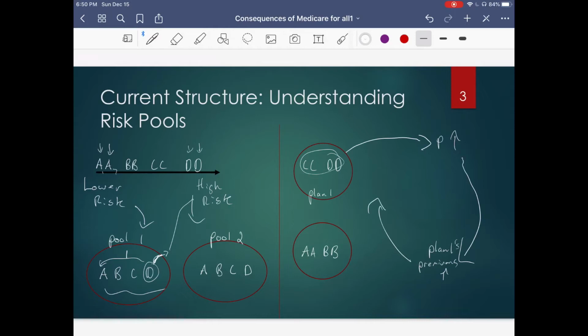Lower risk individuals will choose to opt out if given the chance. This creates a death spiral, a term commonly used for when the concentration of high-risk individuals requires premiums that are too expensive to attract low-risk individuals, therefore separating these two risk pools.